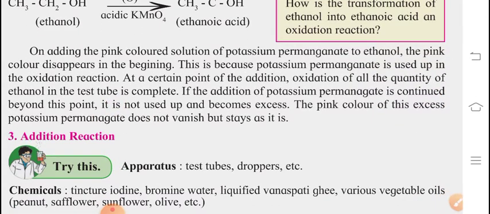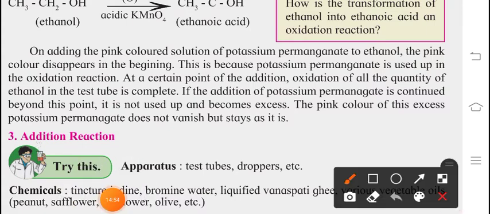On adding the pink colored solution of potassium permanganate to ethanol, the pink color disappears in the beginning, as we have seen. This is because potassium permanganate is used up until the ethanol in the test tube is completely oxidized.